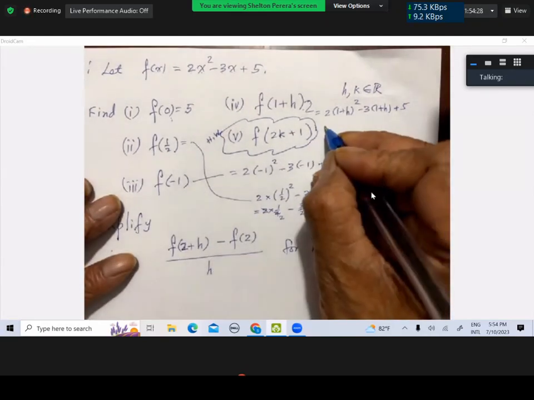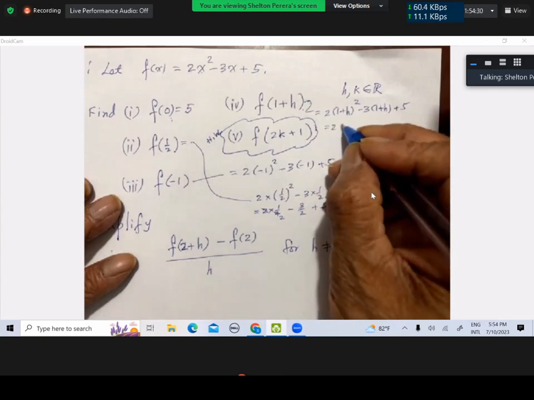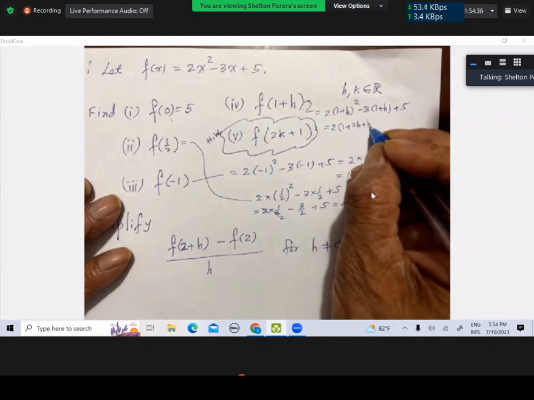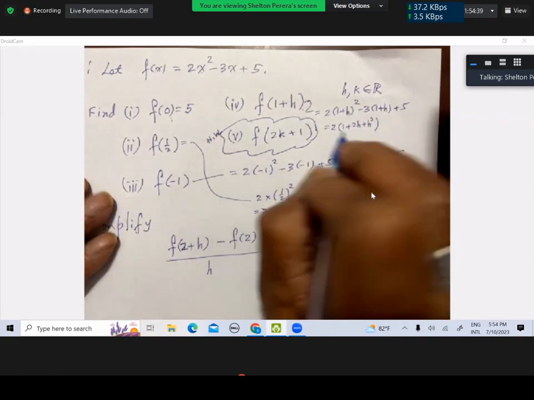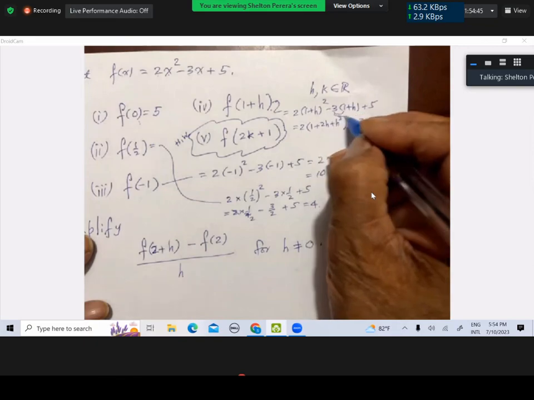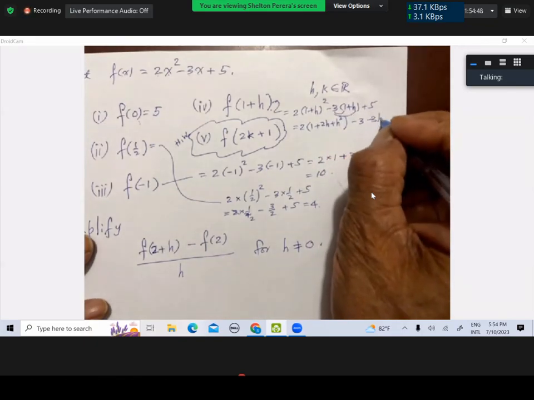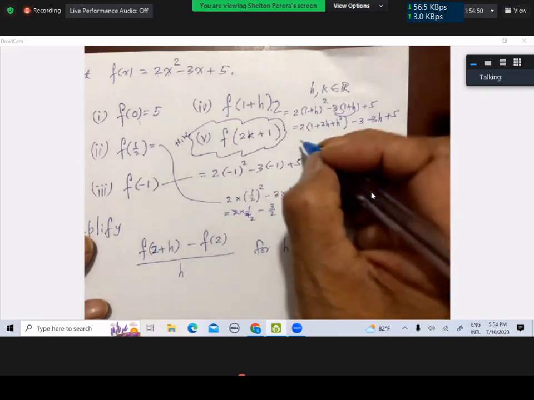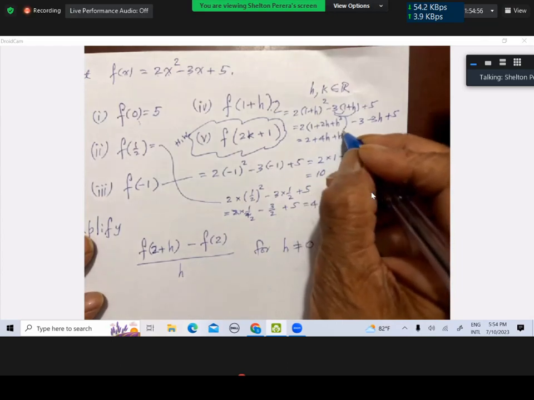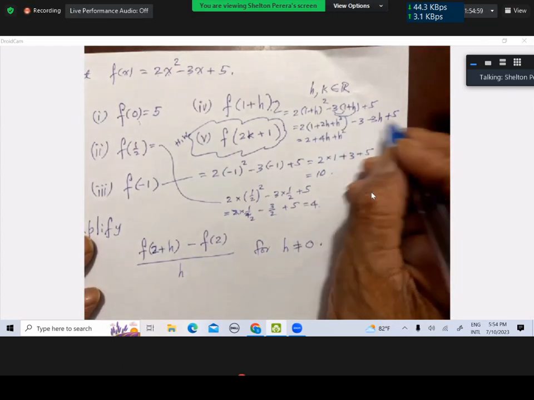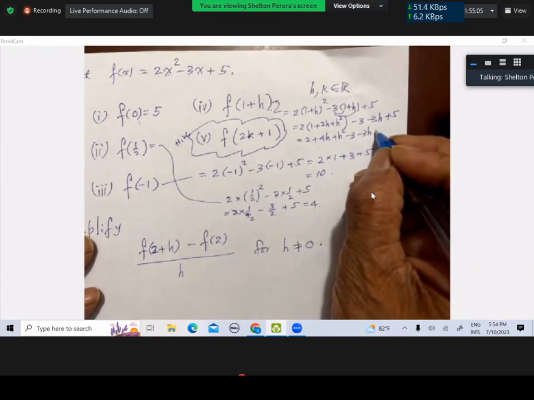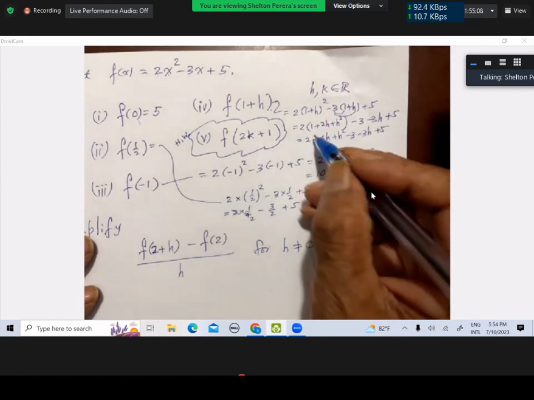So equals 2 times 1 plus h squared. What is 1 plus h squared? 1 plus 2h plus h squared, minus 3 minus 3h plus 5. Simplify. 2 plus 4h plus 2h squared minus 3 minus 3h plus 5.